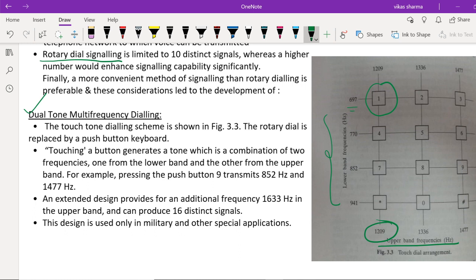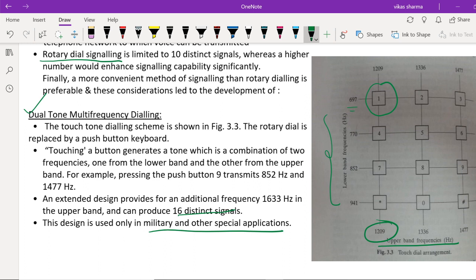Here we have 10 distinct signals: 1, 2, 3, 4, 5, 6, 7, 8, 9, 0, and two additional signals are also present. So 12 signals are present in the DTMF touch tone dial arrangement, in comparison with pulse dialing. We have extended designs for DTMF also, where 16 distinct signals are possible, and such are used in military or some special applications.